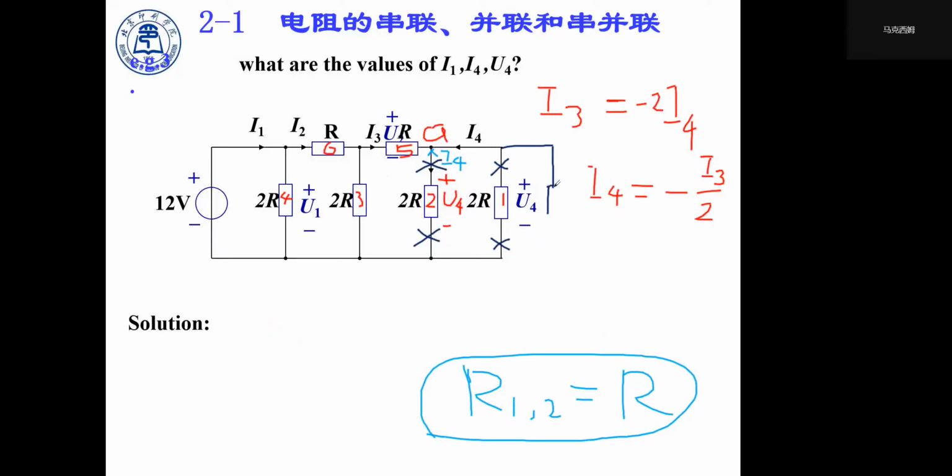This one is R1 and R2, 1 and 2. Its value is R. And we can see that it's in series connection with resistor 5.